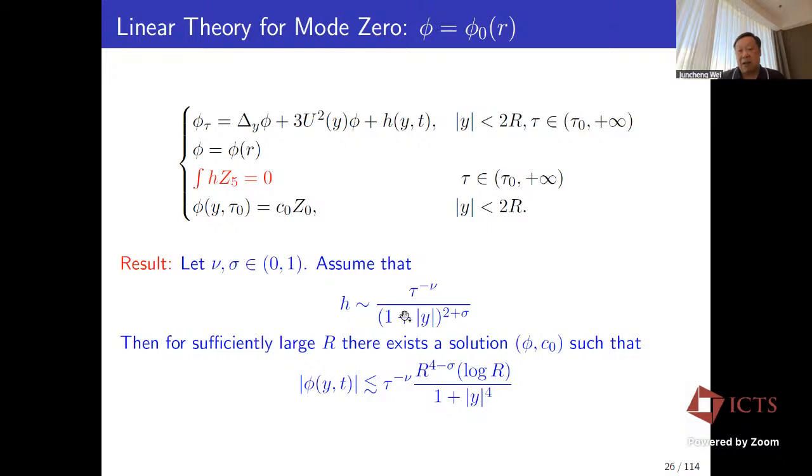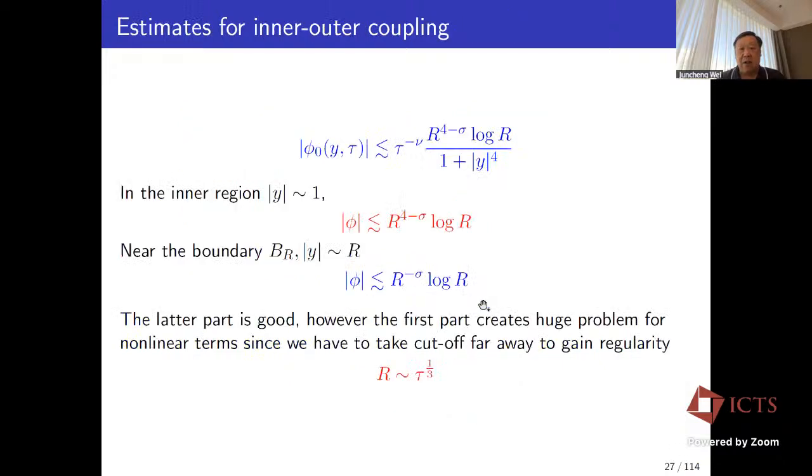Let us assume we have this linear theory and see how the inner-outer gluing works. We assume we already built this solution for the linearized problem. In the inner region, when y is order 1, phi grows like R to the 4 minus sigma log R, which is extremely big.